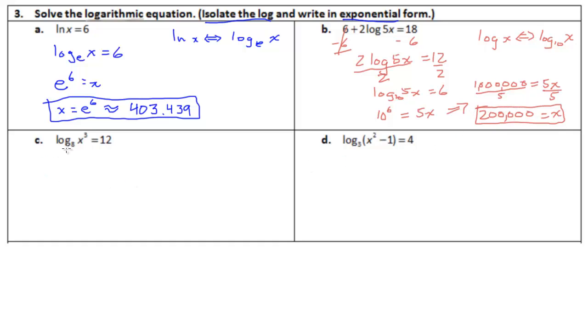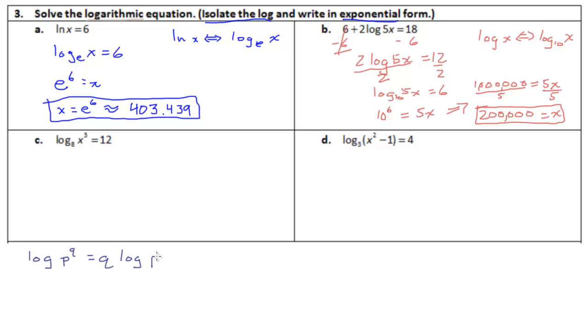Okay. Going on, this problem here, we kind of have our logarithm isolated, but there is this property of logs that says this: the log of p to the q power is equal to q log p.